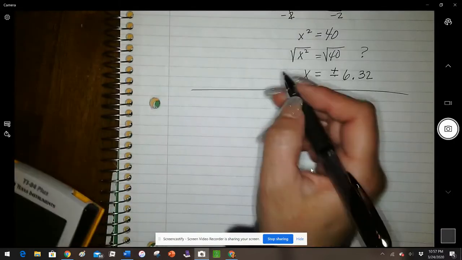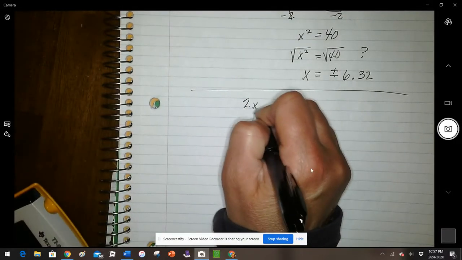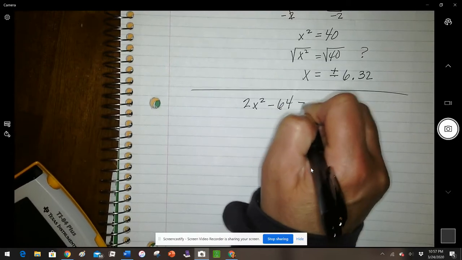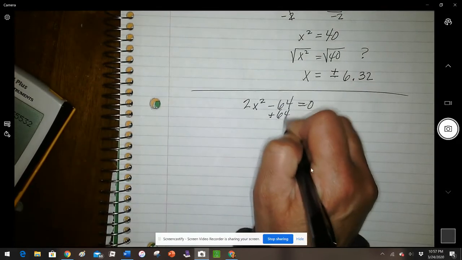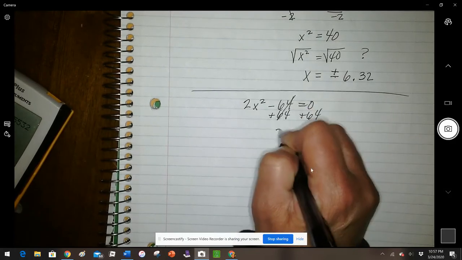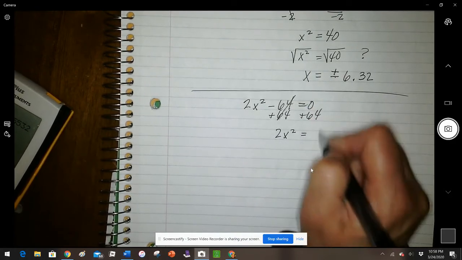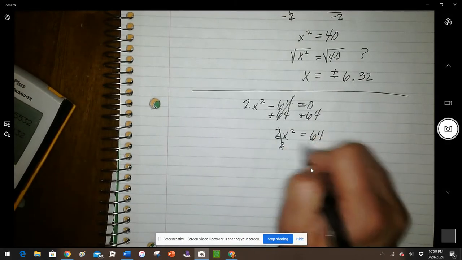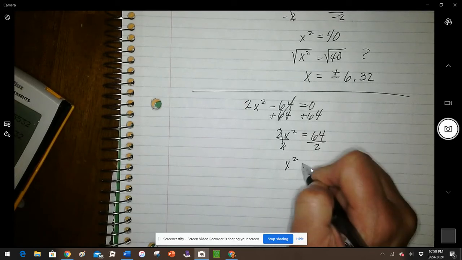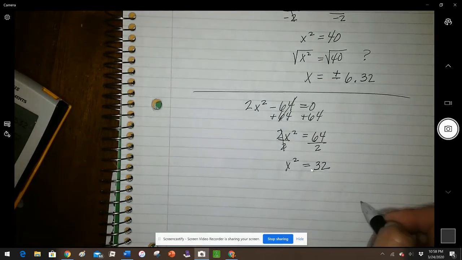One more. How about 2x squared minus 64 equals 0? So let's go add 64 to both sides. So 2x squared equals 64. When you divide 64 by 2, you get 32.